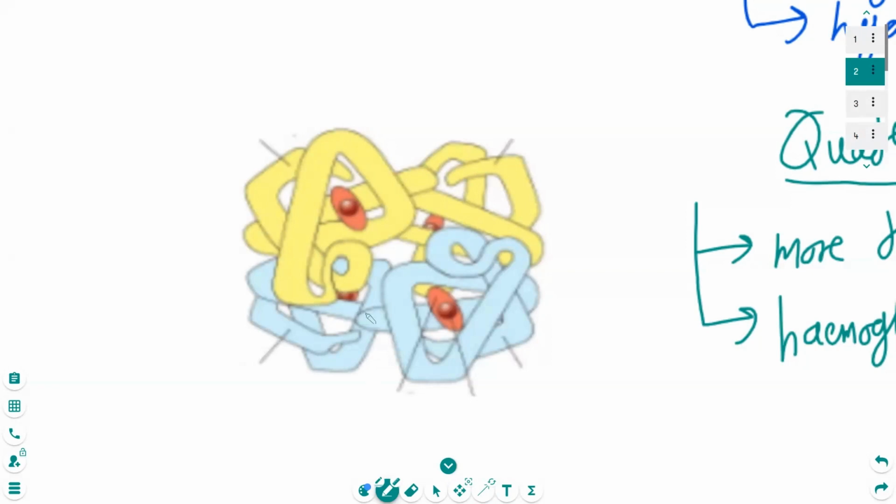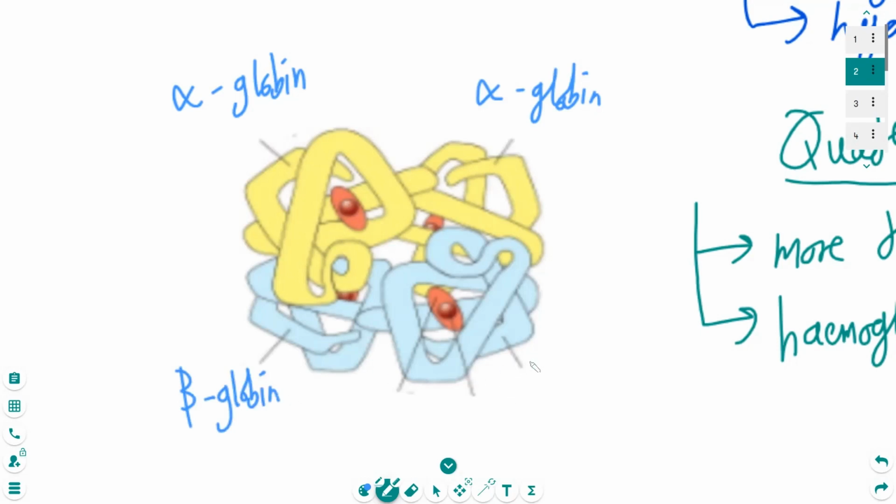These 2 are called alpha globins. Here's one alpha globin, here's the other, and the bottom two are called beta globins. So hemoglobin is what we call a tetramer, a protein made up of 4 polypeptide chains.